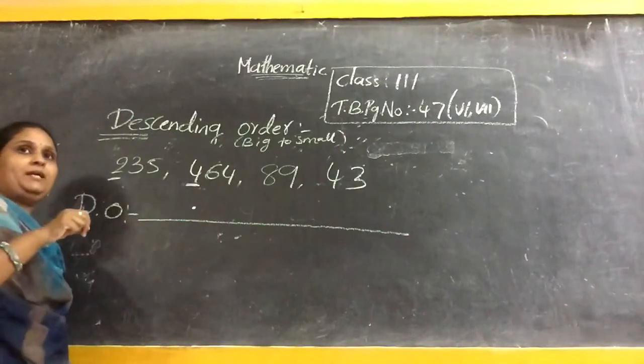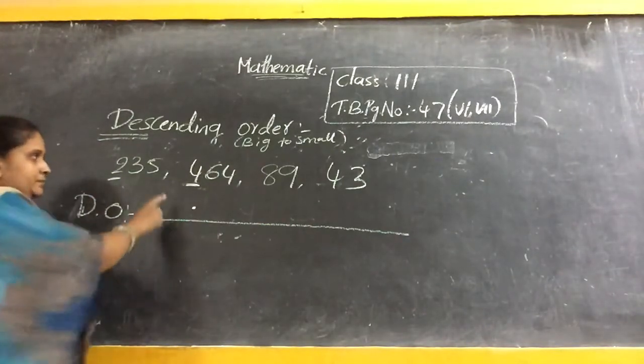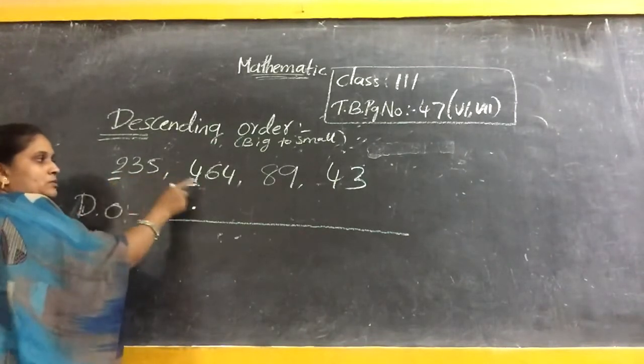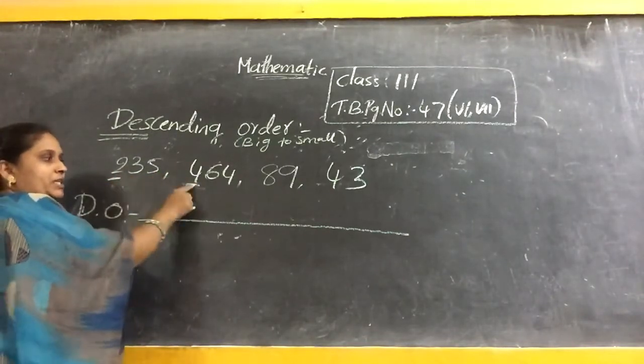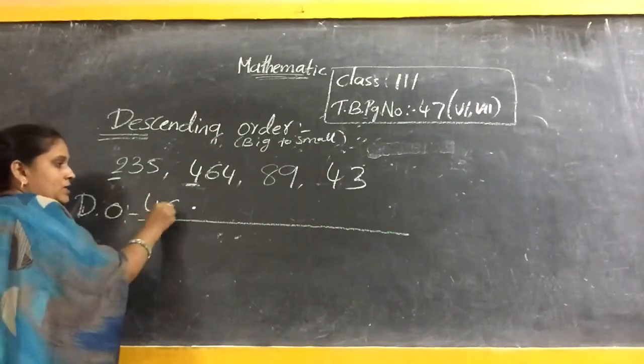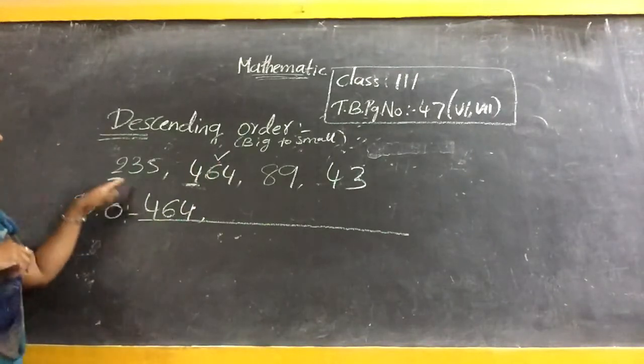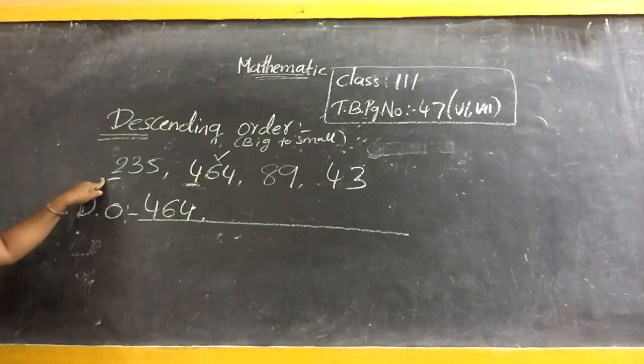Now tell me which is the big number, children? Yes, 4 is the big number. So 464, put comma, completed.